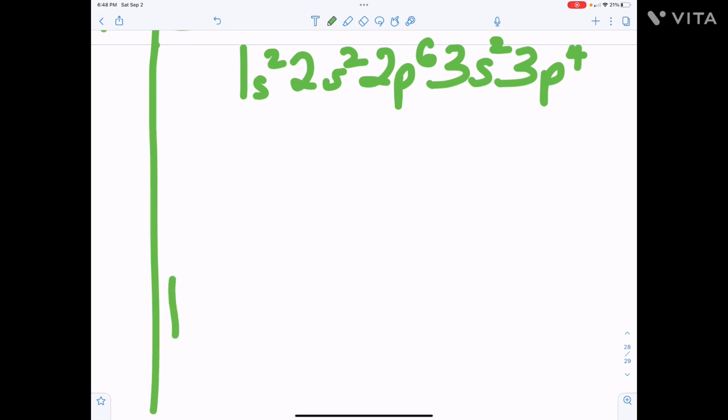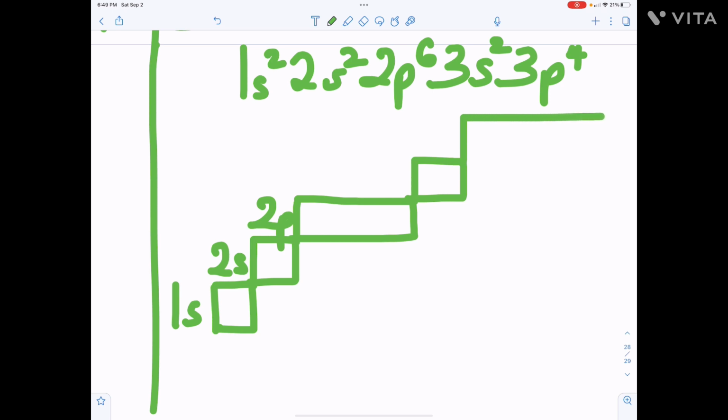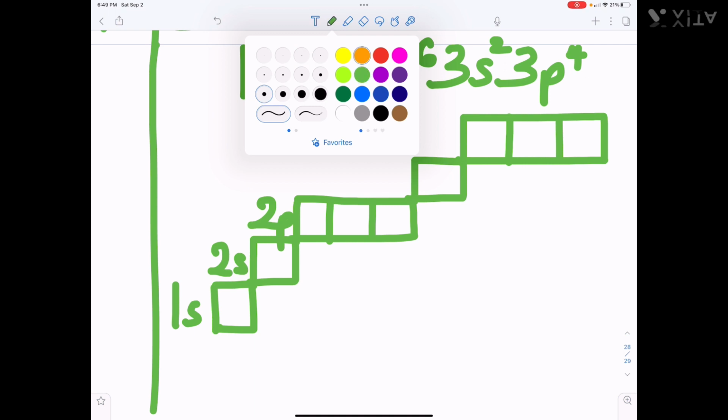In picture, it will look like this: 1s, 2 electrons, 2s, 2 electrons, 3s, 2p, 3s, and what? 3p. So any p subshell has 3 orbitals, and any s subshell has 1 orbital.